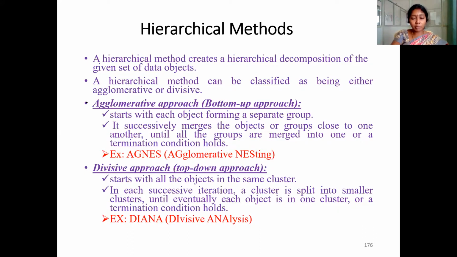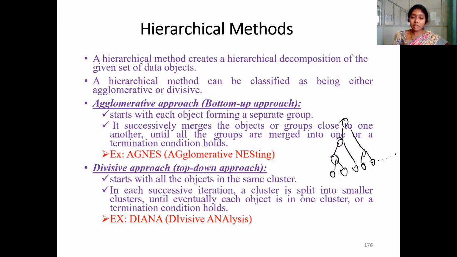So during the bottom up approach, each individual object, let's say if you are having 100 objects, is treated as a separate cluster initially. We need to repeat the process some number of times, and gradually at each iteration some merging process takes place based on certain criteria.